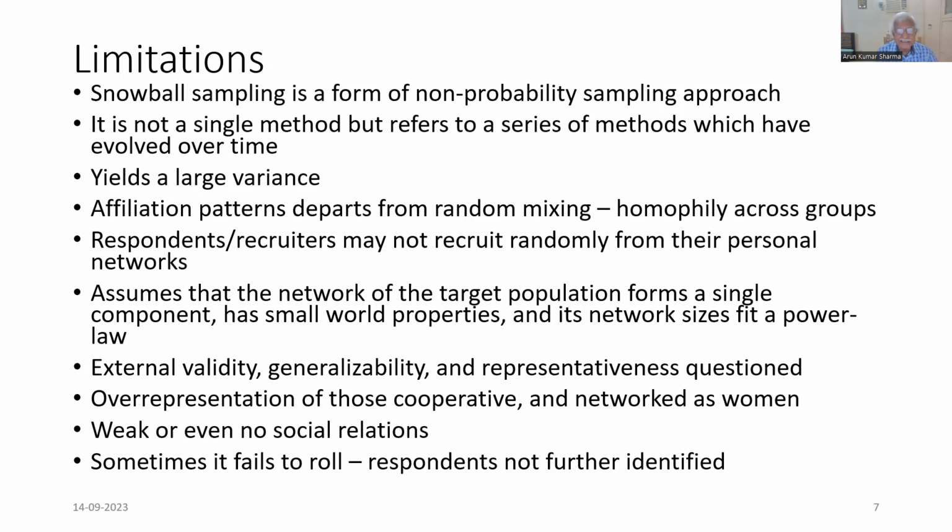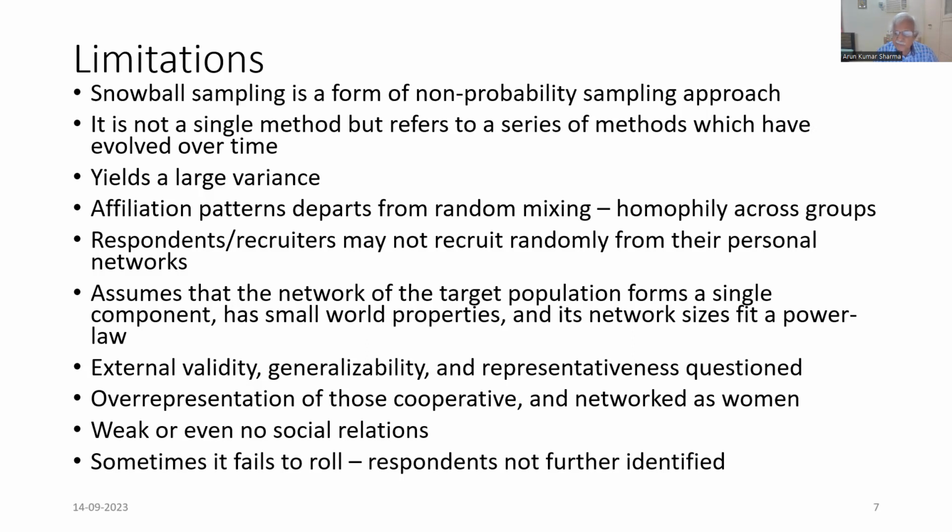generalizability. It's a convenience sample, so generalizability can also be a problem, and representativeness, because it is not always unbiased. So one can question the representativeness of the snowball sampling. Snowball sampling may lead to overrepresentation of those who are more cooperative and those who are more networked.